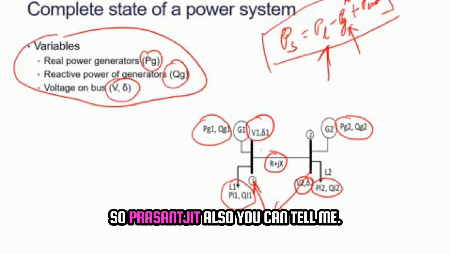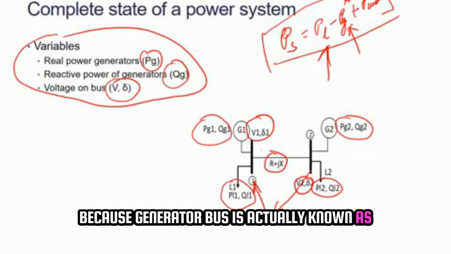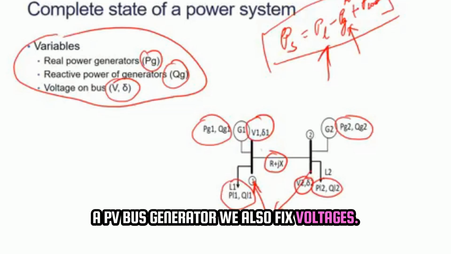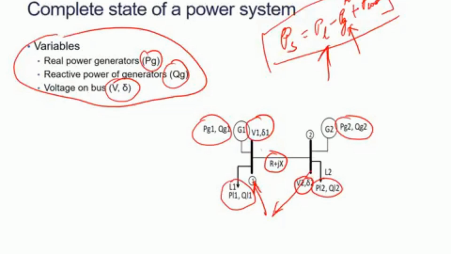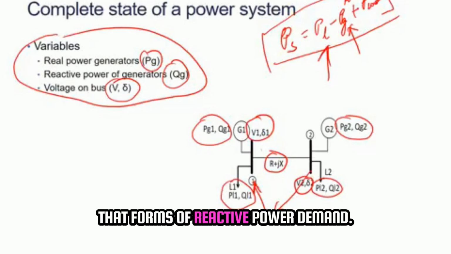Anyways, Prasenjit, you can also tell me: because the generator bus is known as a PV bus, we also fix voltages. Now, how do you fix voltages a priori in power flow? From the reactive power demand.